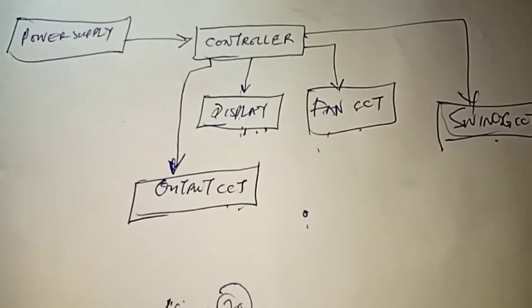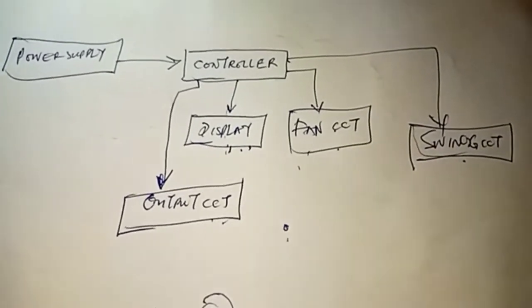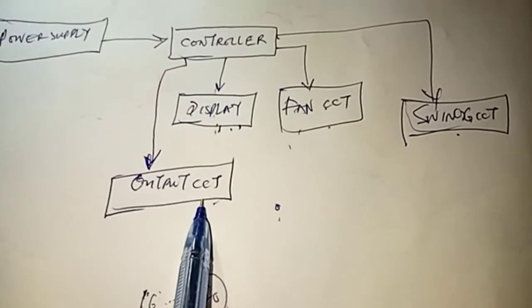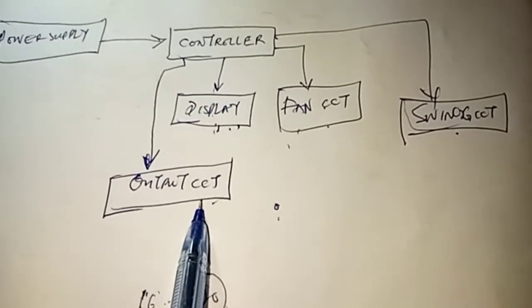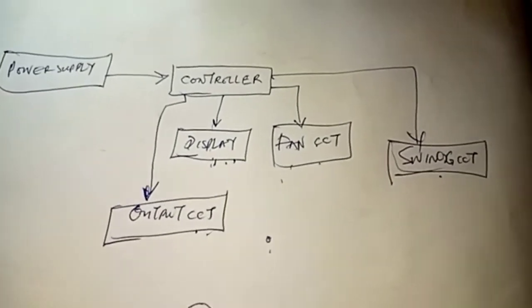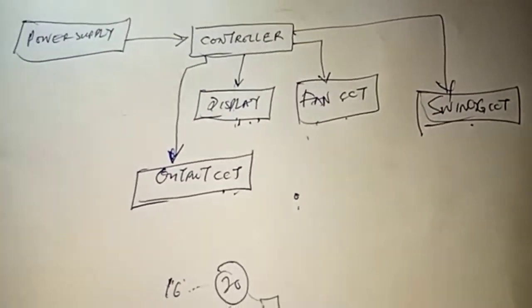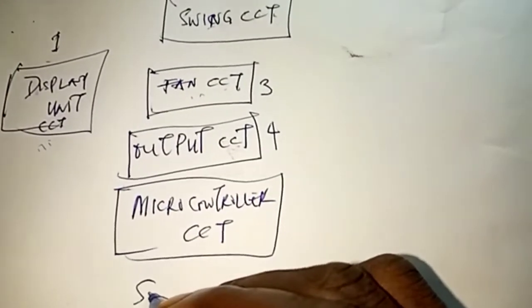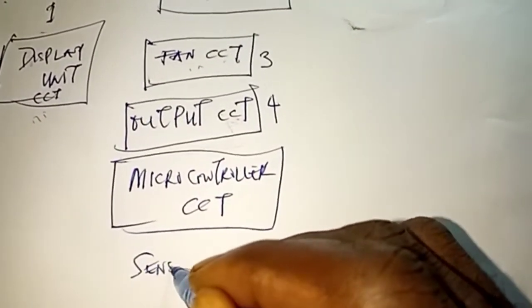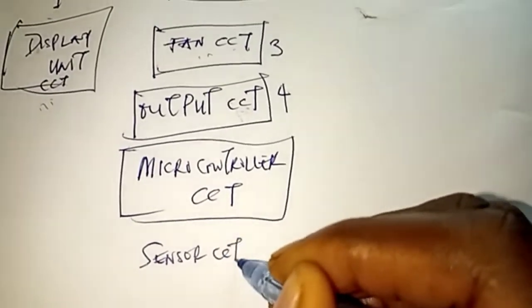So what else are we designing? If the compressor did not peak, if it were Panasonic, you will also know. And there's another important thing I forgot to add in this place. I'm supposed to add something like a sensor unit, because it's an AC.